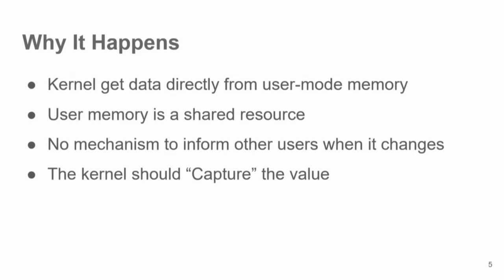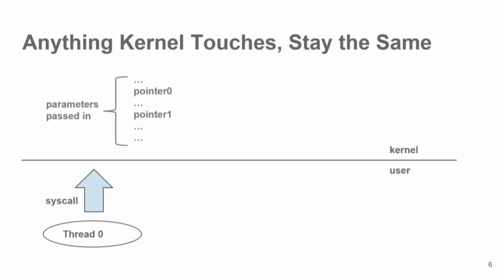The right way to do it, especially for the Windows kernel, is to capture the value, meaning copy the value and make its own kernel copy. So no matter how many kernel functions need to use this value, they only use the kernel's own copy, so it won't be changed by other threads. But unfortunately, not all code does that. Some code may forget to do that. And so that's why we try to come up with a mitigation.